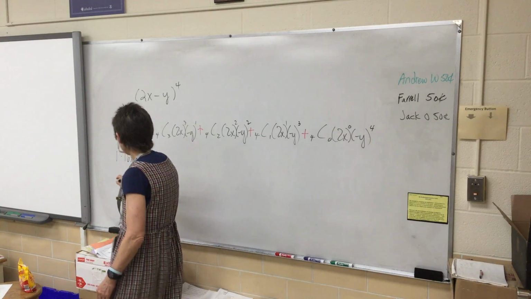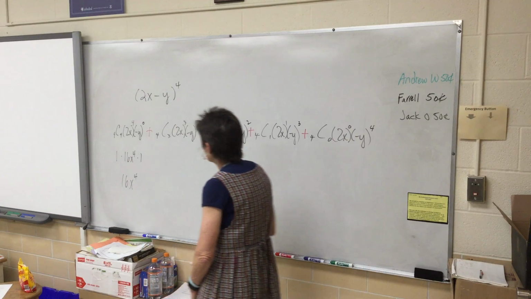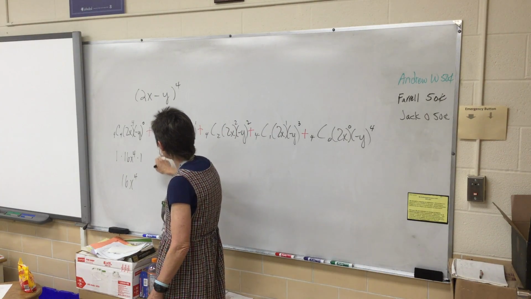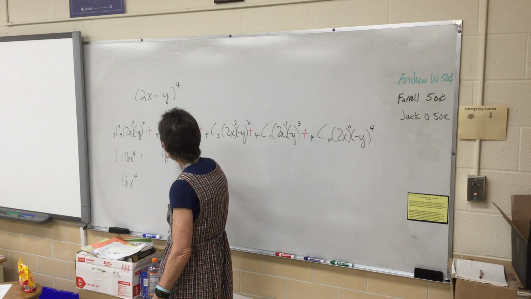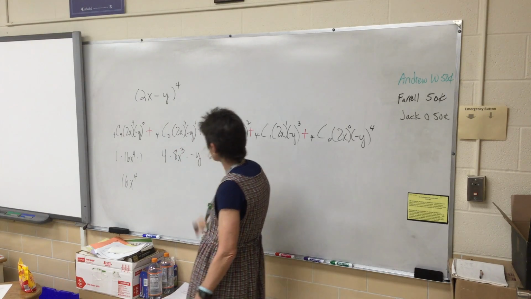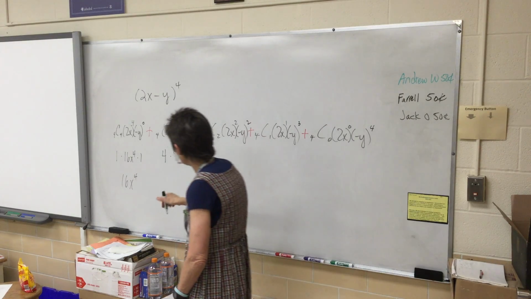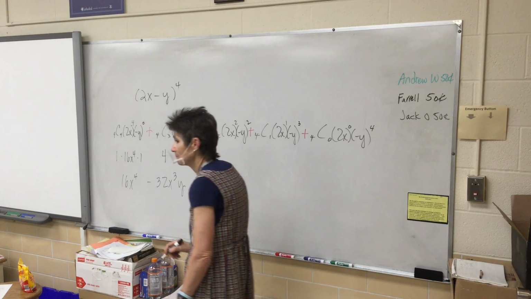So that first term is just 16x to the fourth. Now, 4c3, if you typed it in on your calculator, it would say 4. Then I have 8x cubed, and then I have negative y, because it's now to the first power. So that will be negative 32x cubed y.